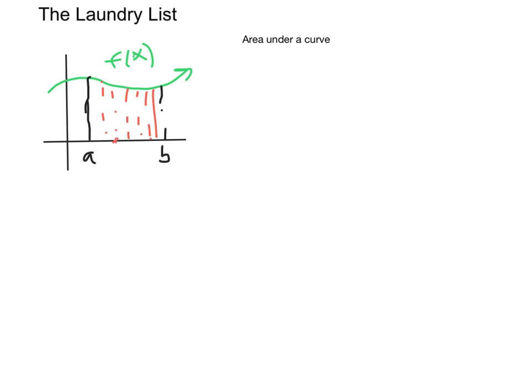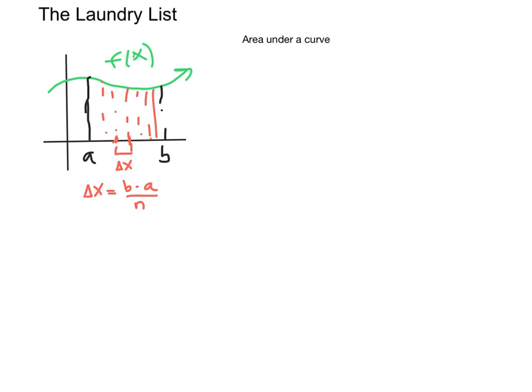So one of these rectangles has a width, and this width is delta x. That's the width. That's the one that gets smaller and smaller and smaller. Remember the dx in the integral. And we find the width of delta x by taking b minus a and then dividing it by the number of rectangles.